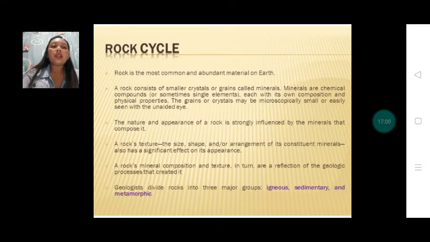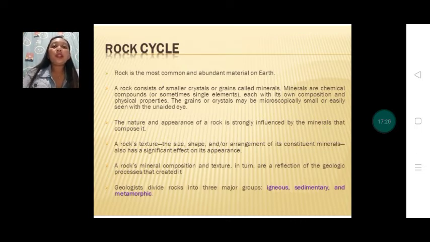The grains or crystals may be microscopically small or easily seen with the unaided eye. The nature and appearance of a rock is strongly influenced by the minerals that compose it. So rocks are composed of minerals.